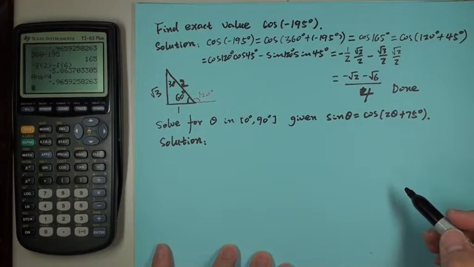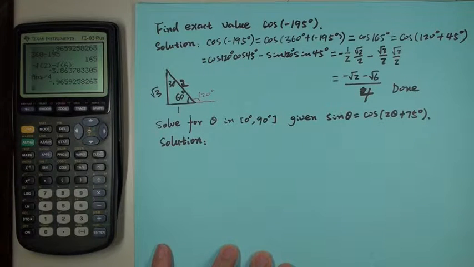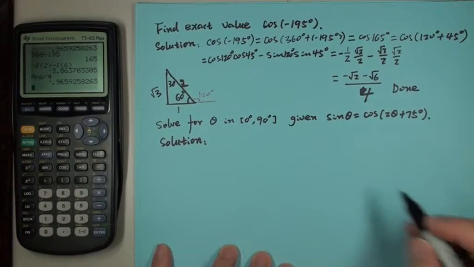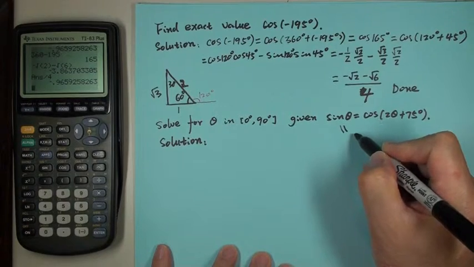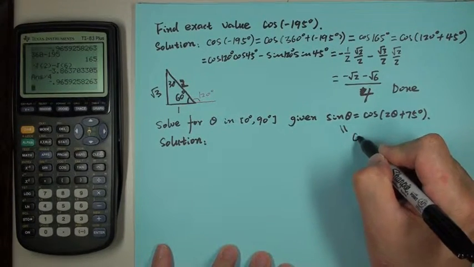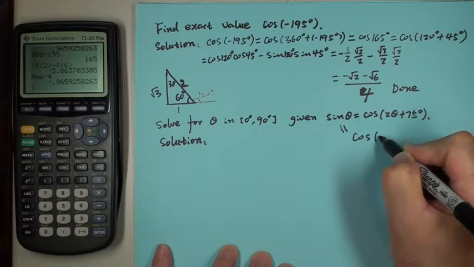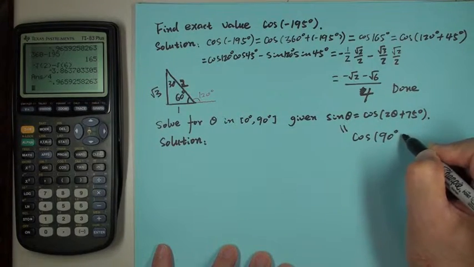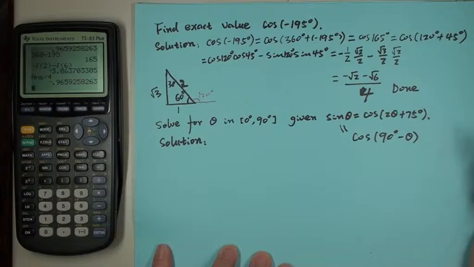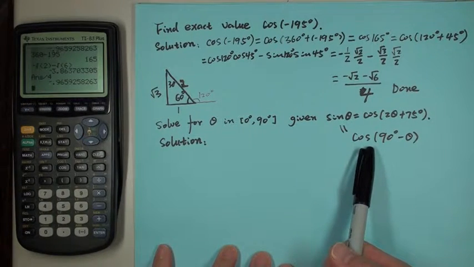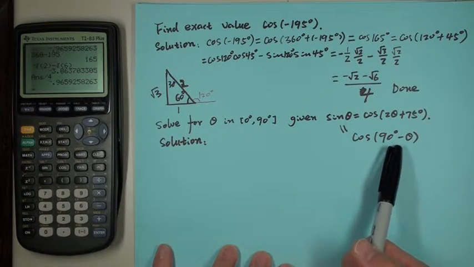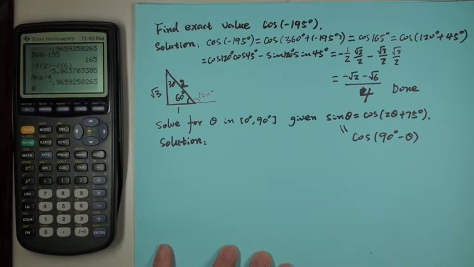The second one looks hard, but is not. Remember, by the cofunction concept, sine theta equals cosine of 90 degrees minus theta. This is the identity you're going to remember: sine theta equals the cofunction, cosine of 90 degrees minus theta.